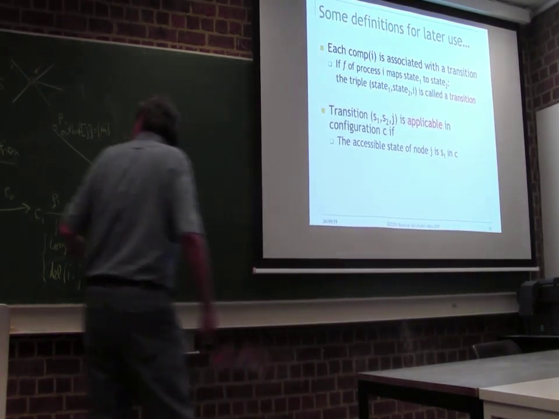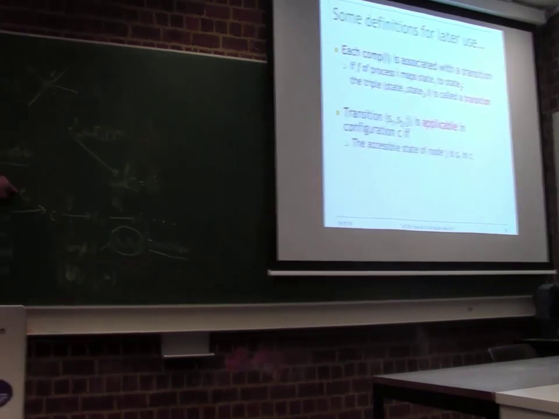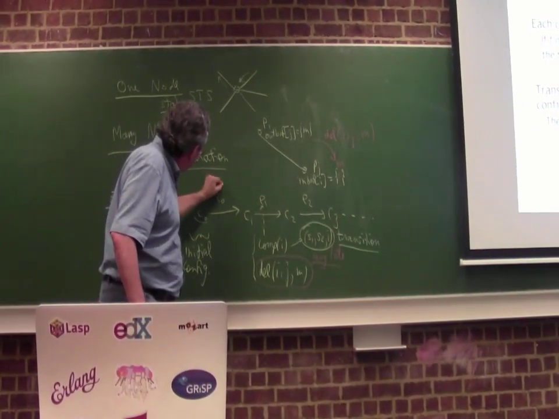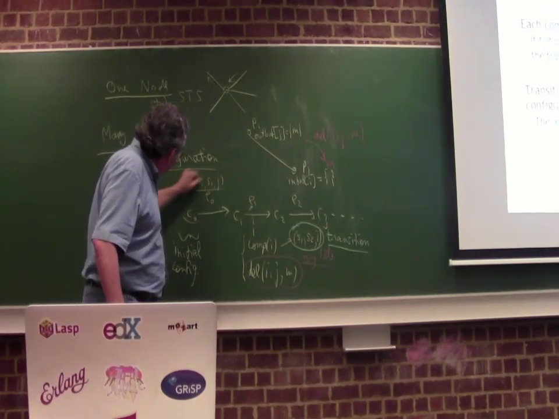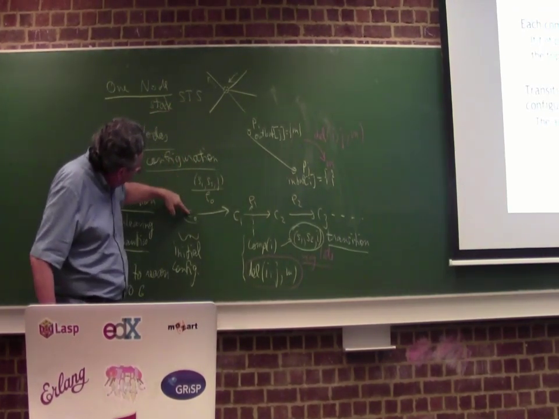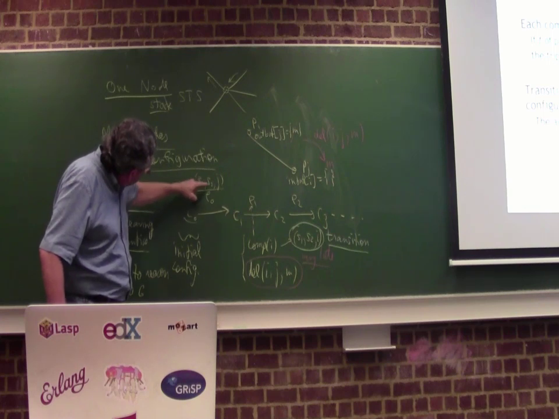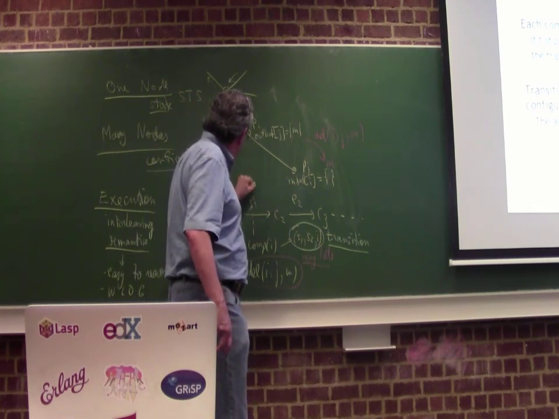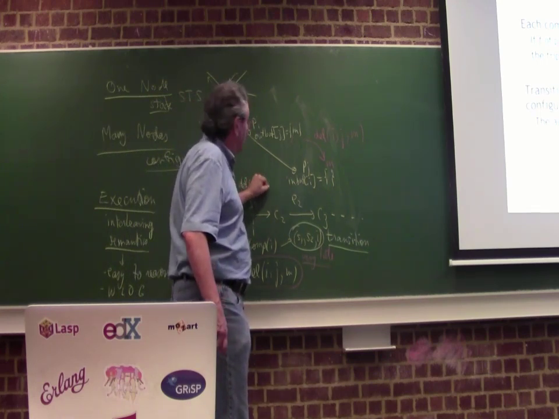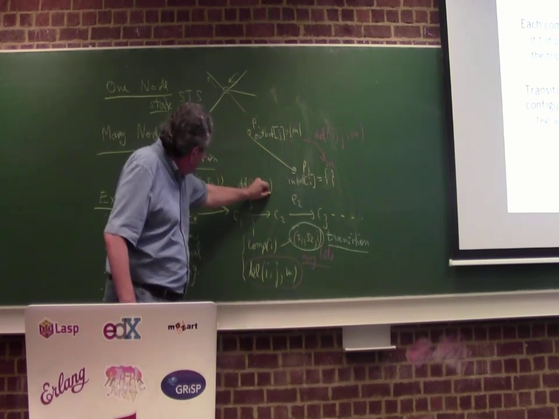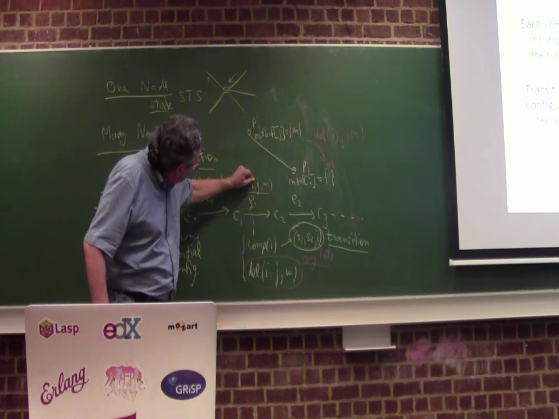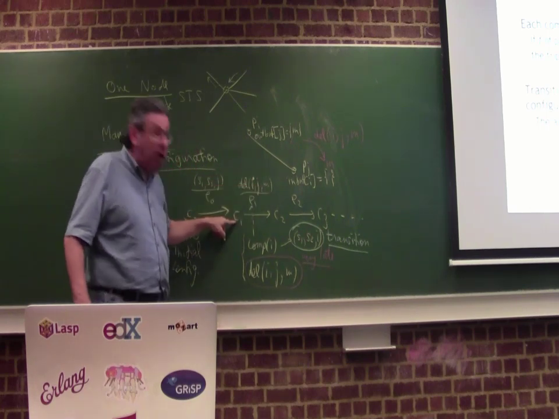So there's actually some constraint here. The comp event will only work, let's say I'm doing S1, S2, J here, the comp event E0 will only work if the node J actually has S1 here. And the same for delivery. If I do deliver I, J, M, this will only work in E1 if the I node really does have M in the output.